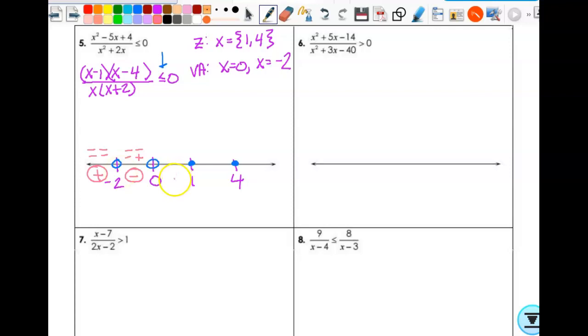Then 1/2, which would be negative, negative, positive, positive. That's positive overall. And then 2, this is going to be positive, negative, positive, positive. It's negative overall. 5 will give me positive, positive, positive, positive.